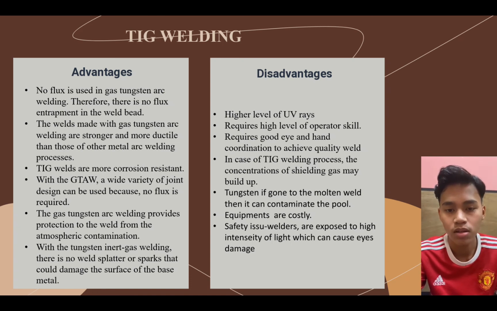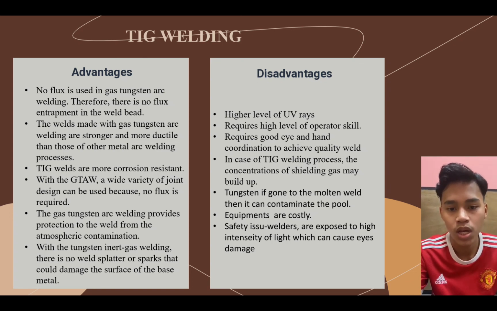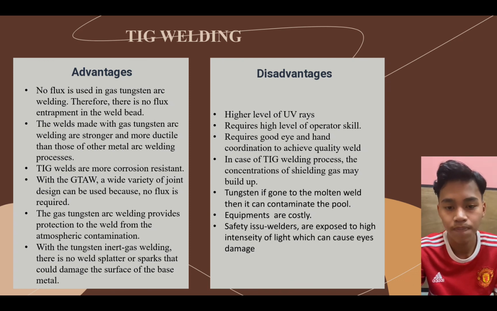Now the disadvantages. Number 1, relatively slower welding speed than other welding processes. Number 2, it has lower filler metal deposition rates. Number 3, higher level of UV rays. Number 4, requires a high level of operator skill. Number 5, requires good eye and hand coordination to achieve a quality weld.